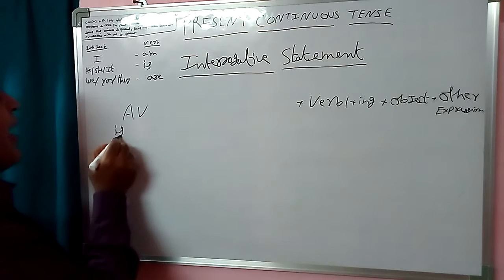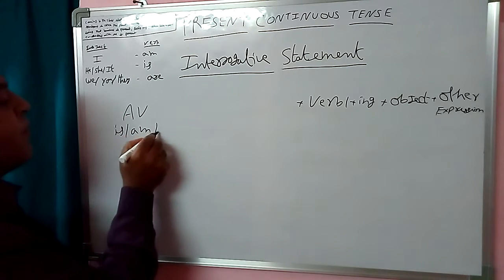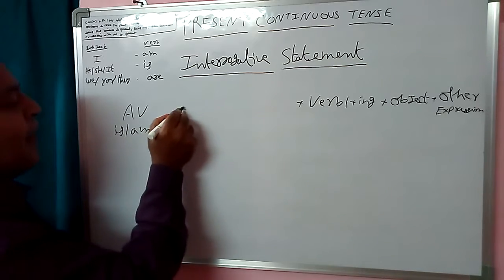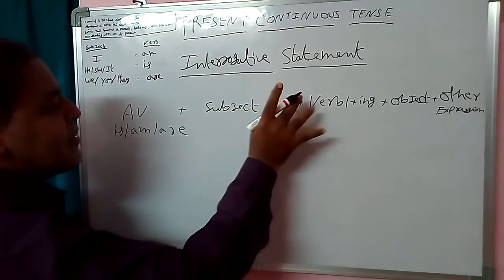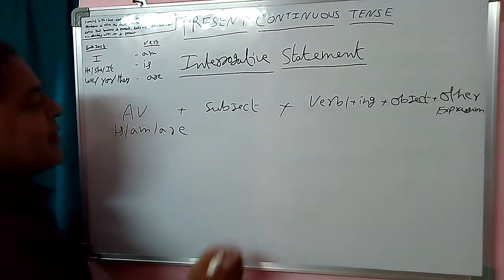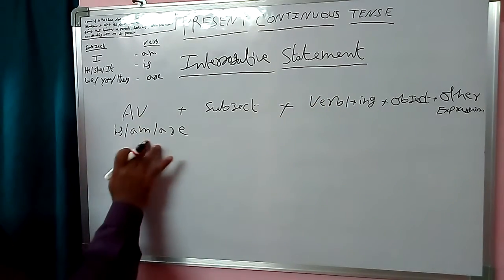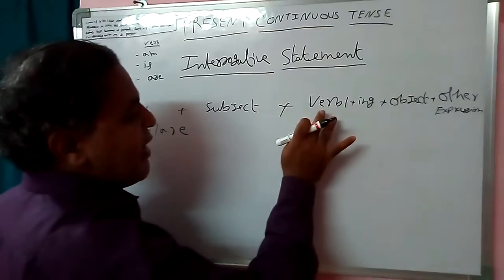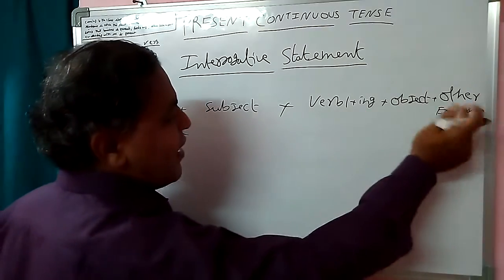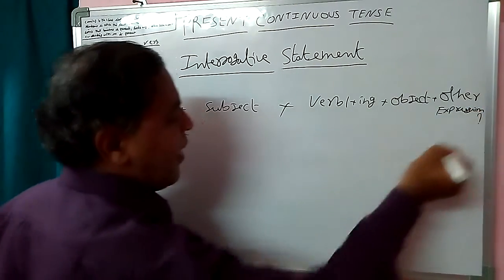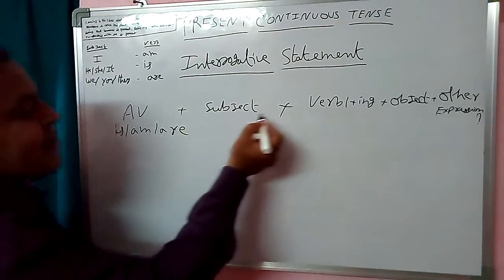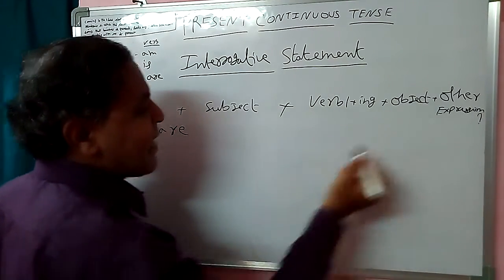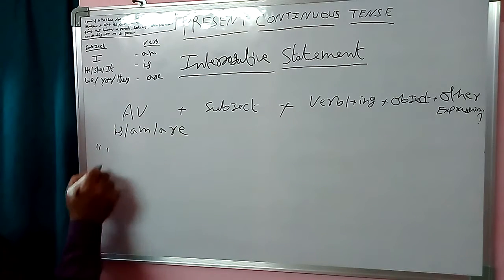The auxiliary verb is is, am, are, subject, verb 1 plus ing, object, other expression, question mark.